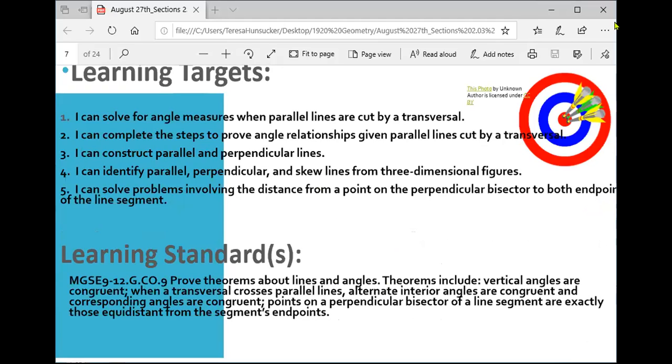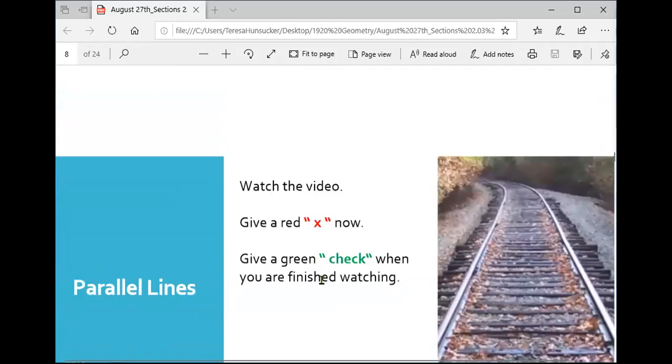I can identify parallel, perpendicular, and skew lines from three-dimensional figures. I can solve problems involving the distance from a point on the perpendicular bisector to both endpoints of the line segment. Okay, thank you.